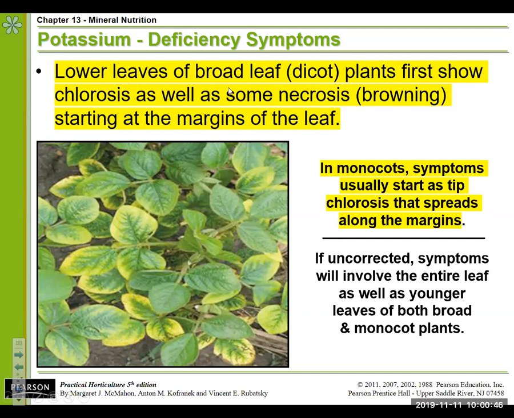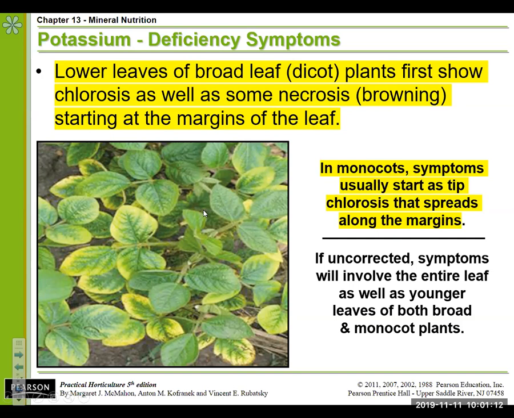We have the lower leaves of, in this case, a soybean, a broadleaf plant, showing chlorosis. And notice that it's interveinal chlorosis in the case of the broadleaf plants, in between the veins. We get this yellowing. And we'll also get some necrosis, actually death of tissues, and the browning starting at the margins of the leaf.